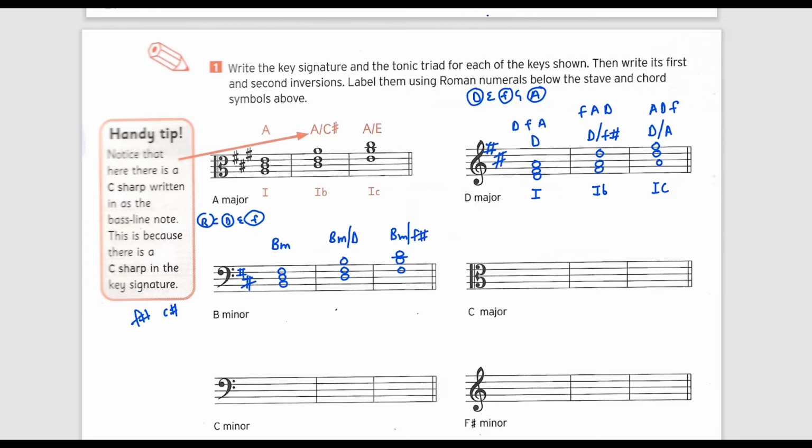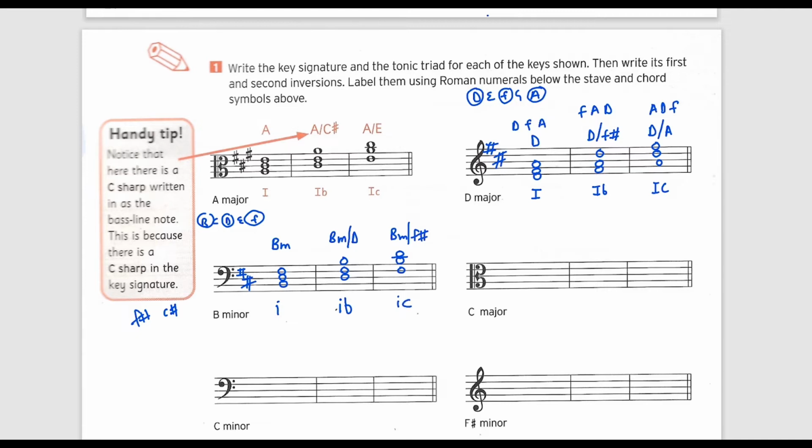At the bottom we have to write small letters: small i, then small i b, sorry, this is B, and this is C. Okay, that's how we finish this one.